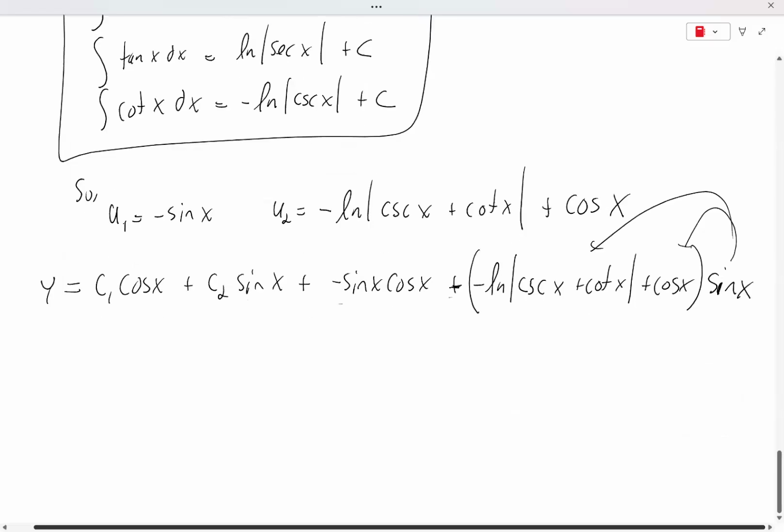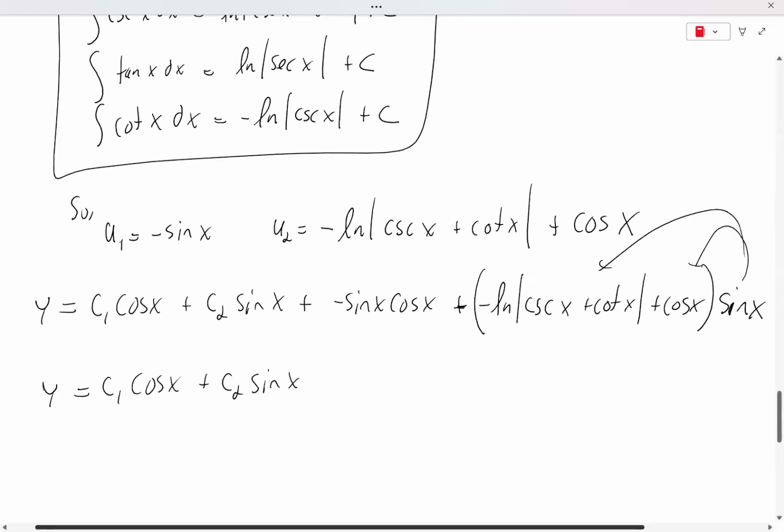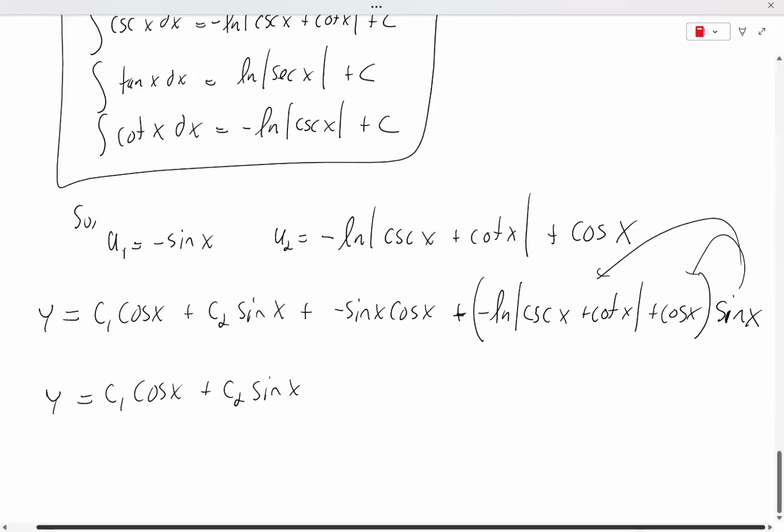Okay, so then when the dust settles there, y equals c1 cosine x plus c2 sine x. Those cancel, and then minus natural log absolute value of cosecant x plus cotangent x, like that.